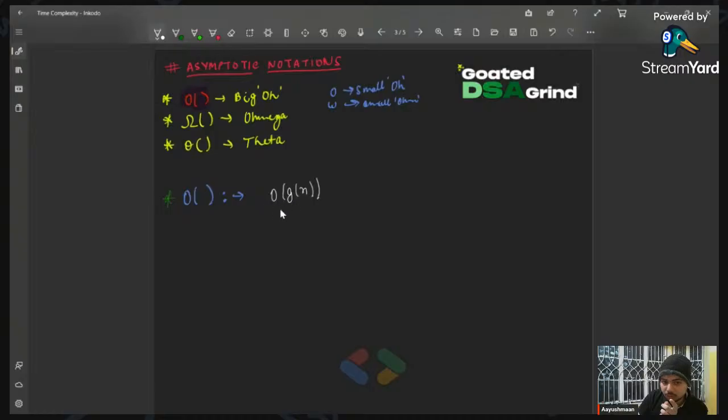We call f(n) a big O of g(n) if there exist constants such that, of course since it's time, it is greater than 0, and f(n) is less than or equal to c times g(n).